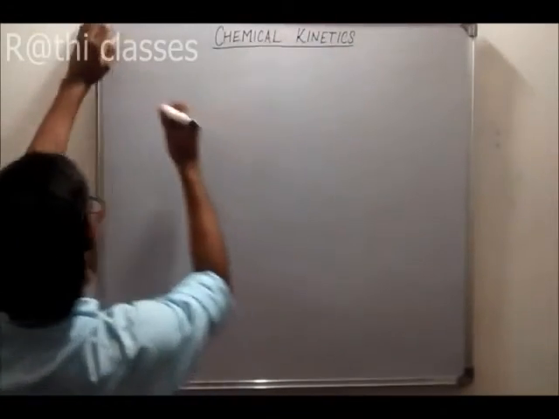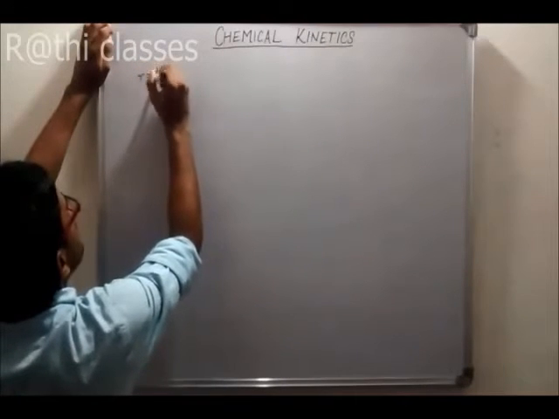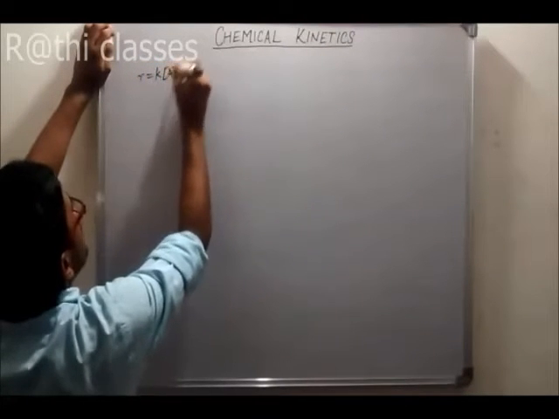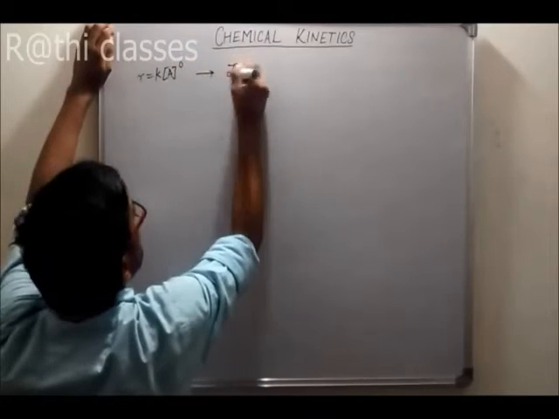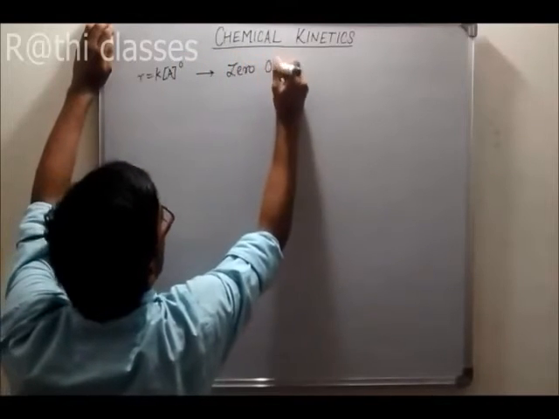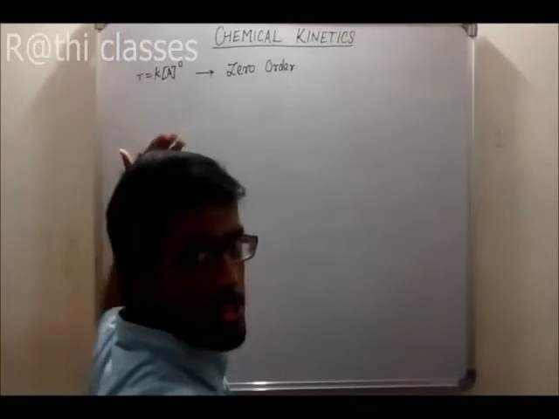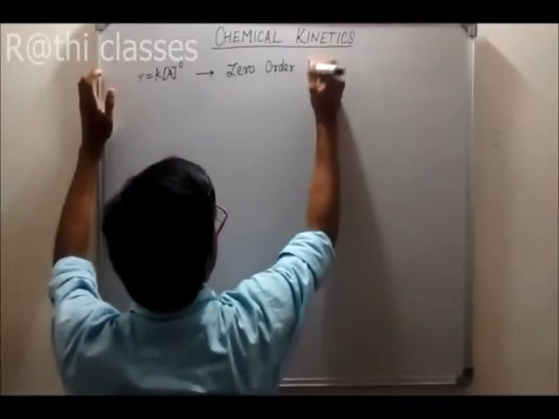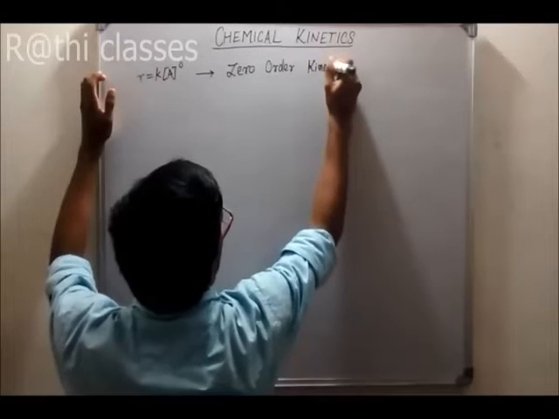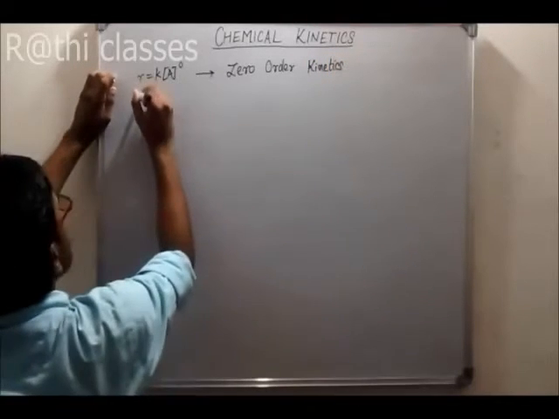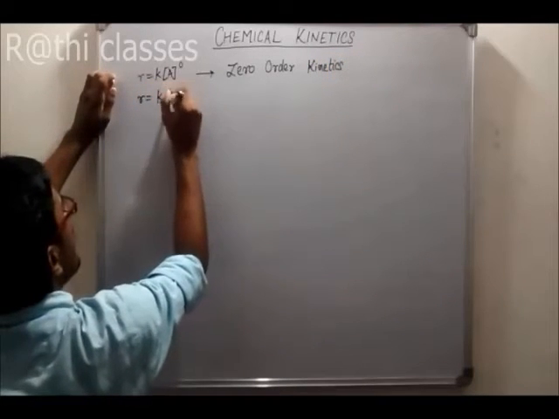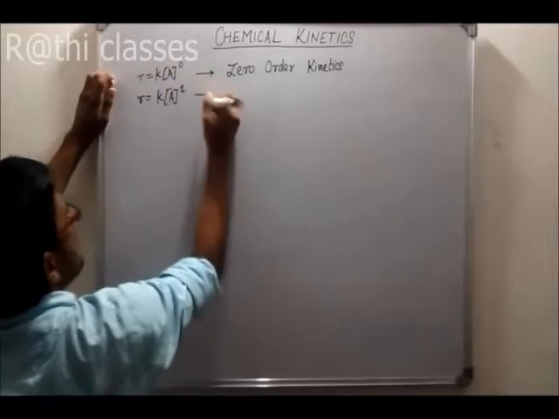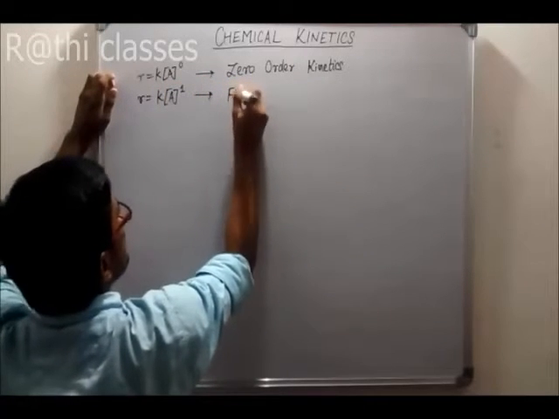Say for example, if R equal to K, A to the power 0, then it is called a 0 order kinetics. We say that the reaction follows 0 order kinetics. Suppose R is equal to K into A to the power 1, then the reaction follows first order kinetics.